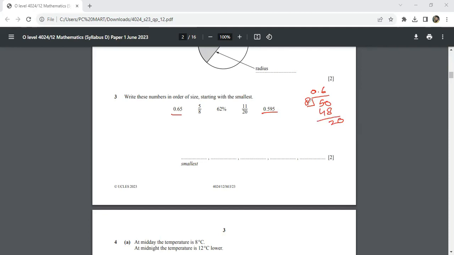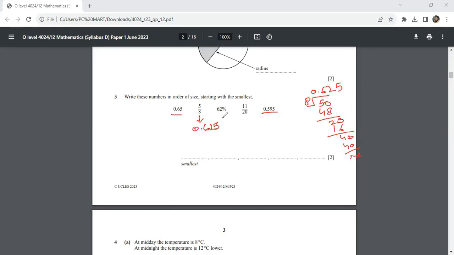Again a 0 over here and 8 twos are 16. 4 is the remainder and again a 0 and it will become 8 fives are 40. So when we convert this fraction into decimal, it becomes 0.625.